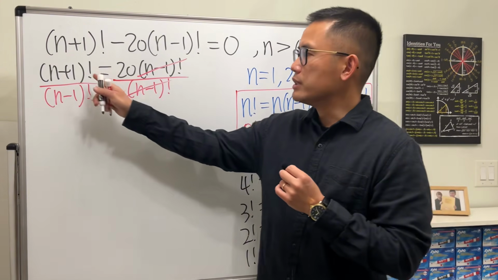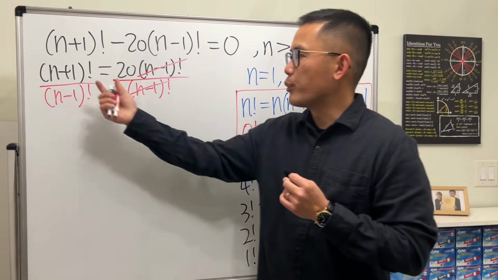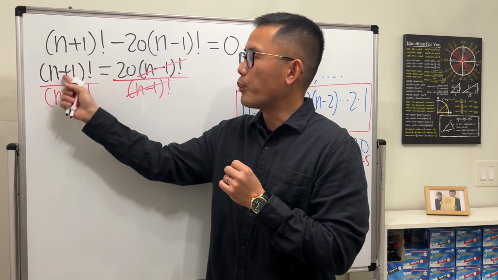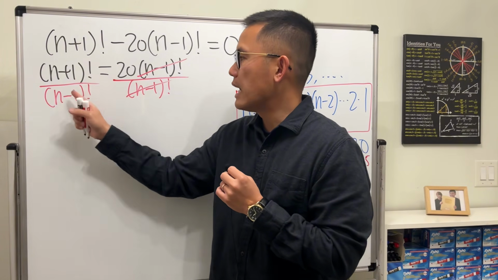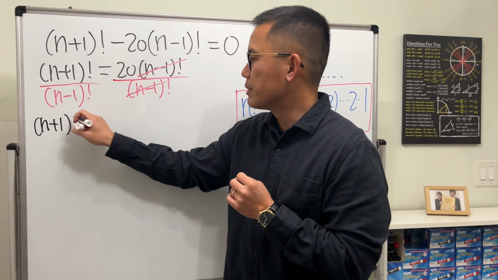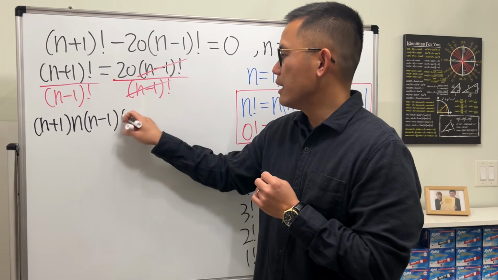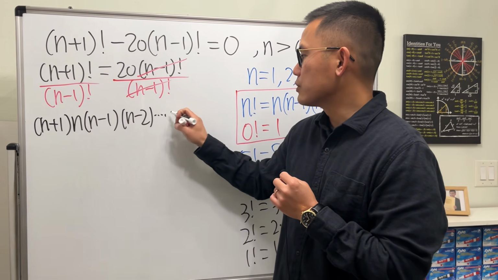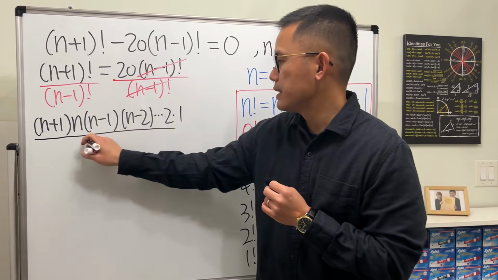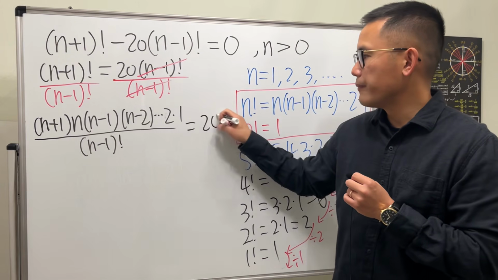And then to simplify factorials, go ahead and break down the bigger factorial. n plus 1 is bigger than n minus 1, so break down the top one. I'm going to start with n plus 1, and then the next number is n, and then the next number is n minus 1, and then n minus 2, and so on, up to 2 and 1, over (n-1)!, and that's equal to 20.